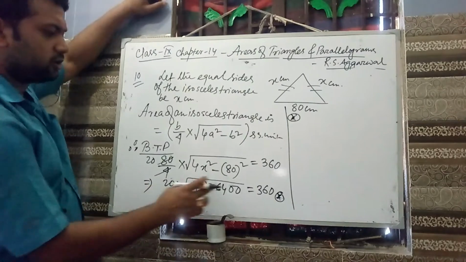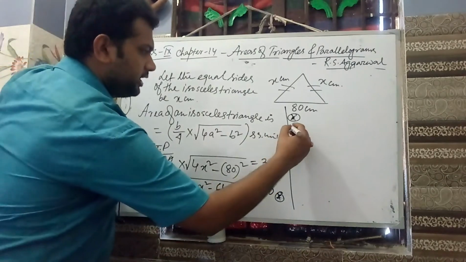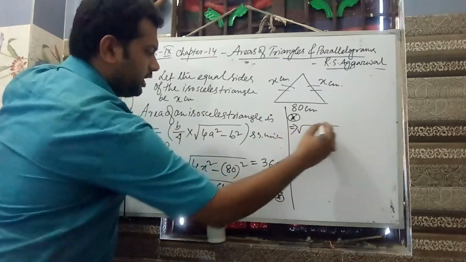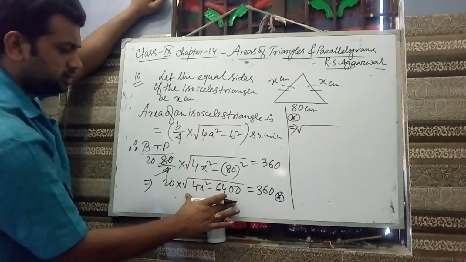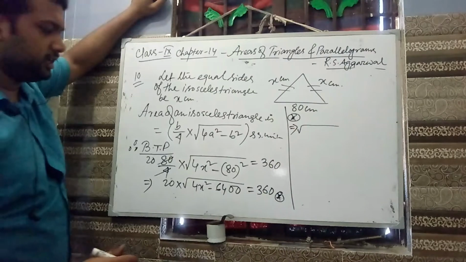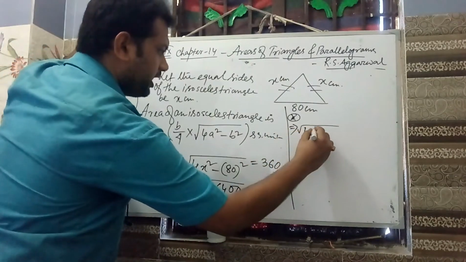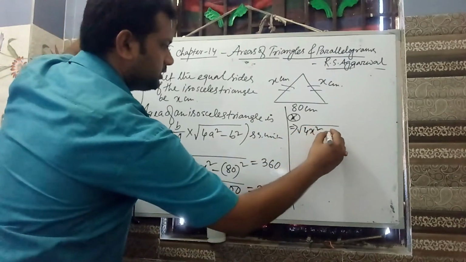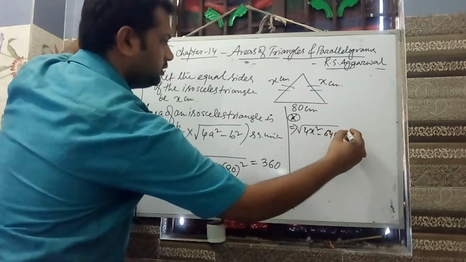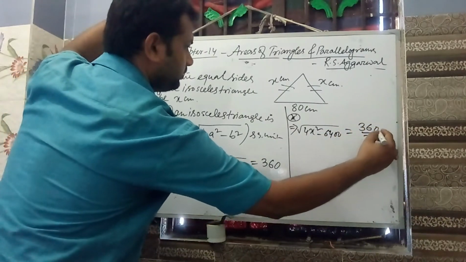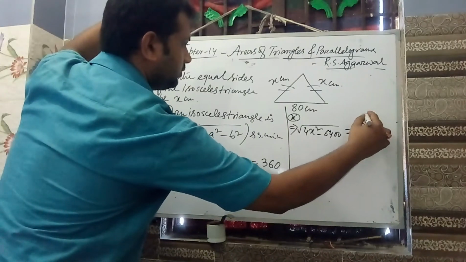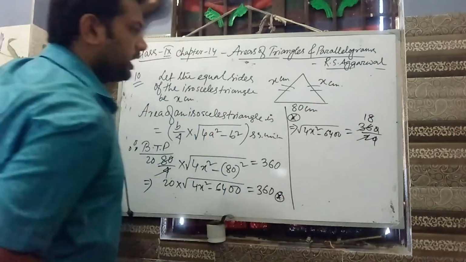This 20 will go to the right hand side, and we will get, that implies, root over 4x square minus 6400 equal to 360 by 20, which is 18.